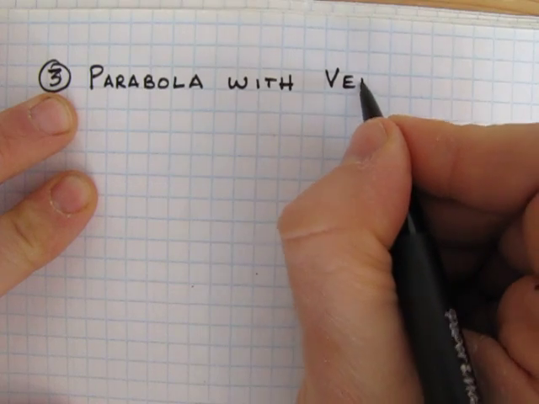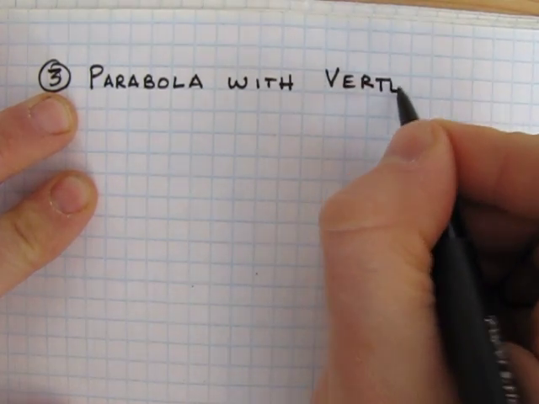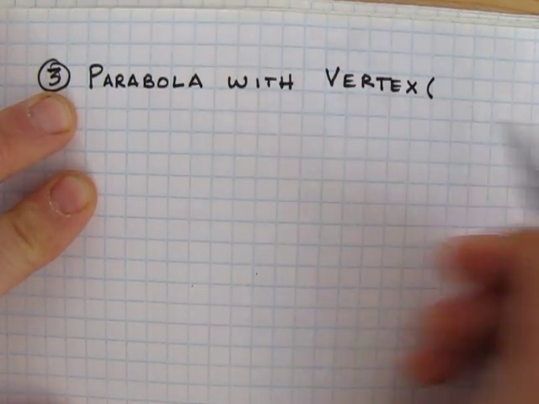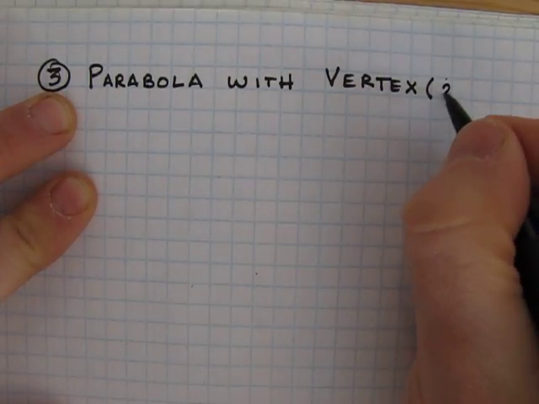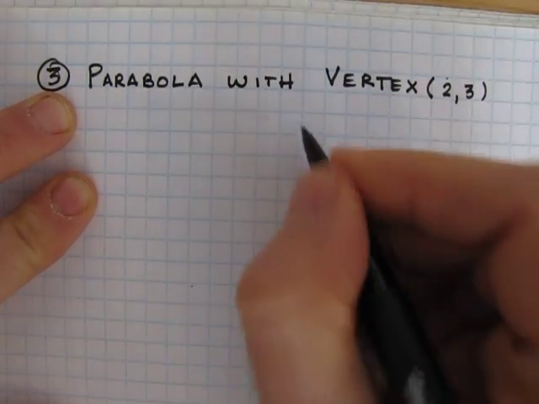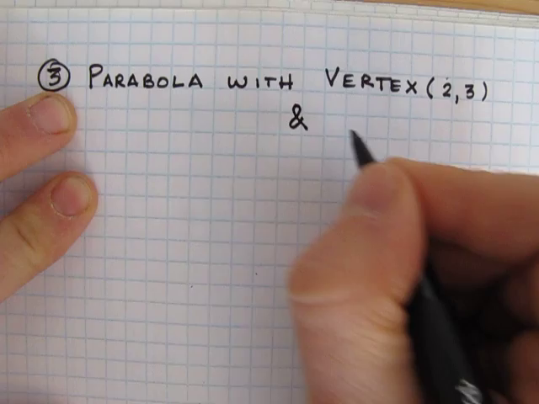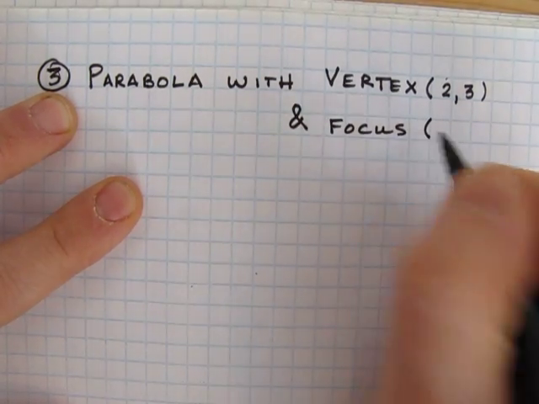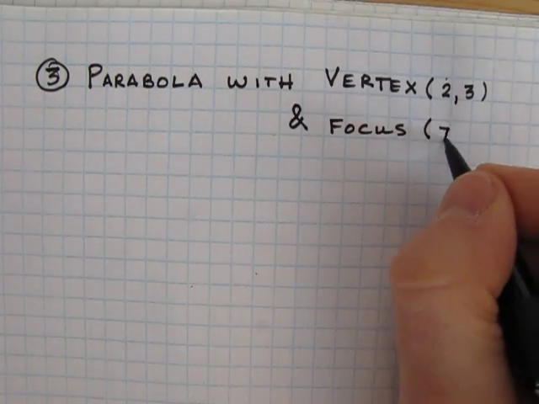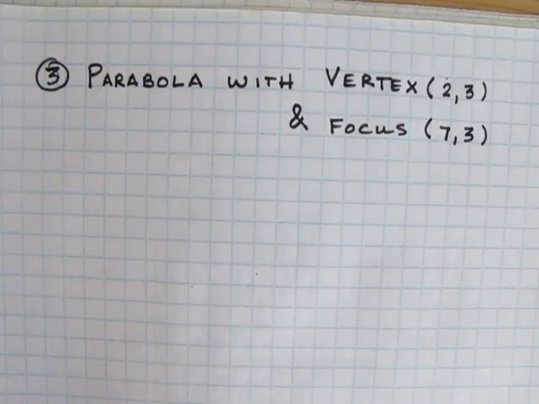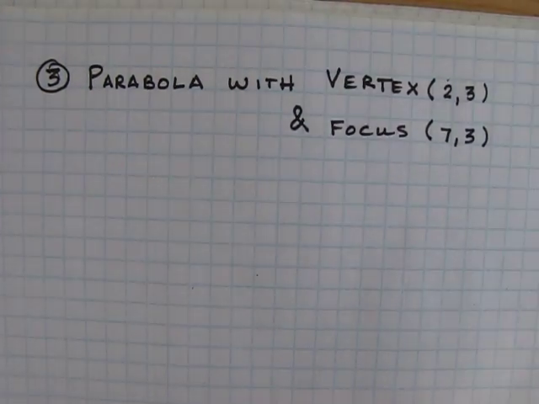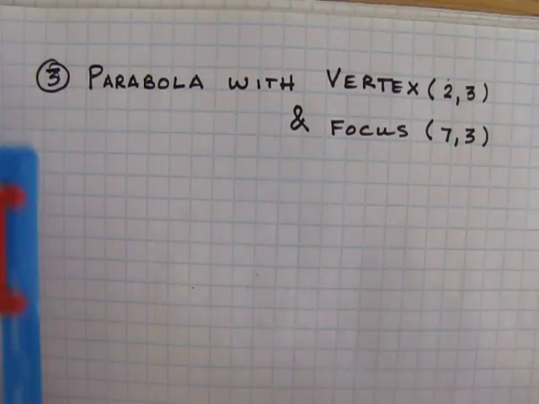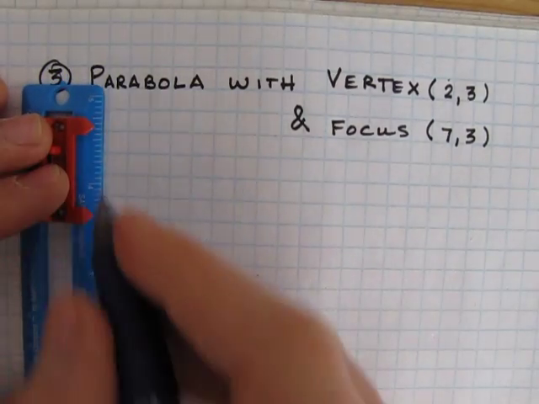The vertex is at 2, 3, and the focus is at 7, 3. And again, the best way to get a handle on something like this is to draw a little sketch.